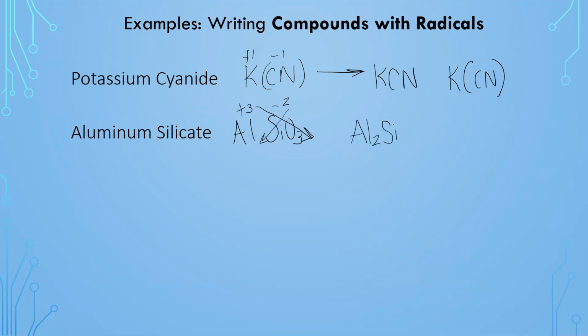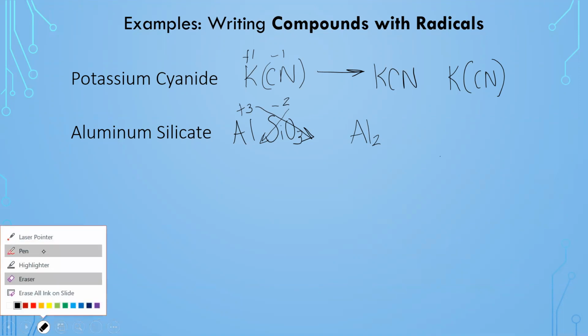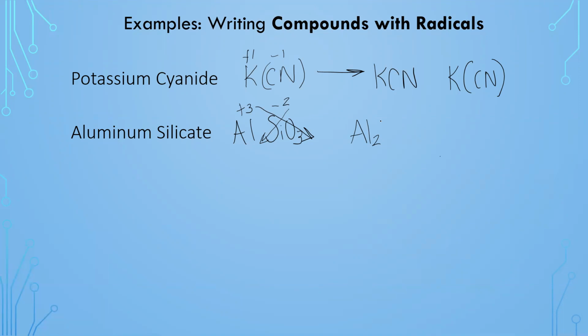Al2SiO33. I can't write it like that because now it looks like there's 33 oxygens. I need to have 3 SiO3s. So instead what you have to do is put parentheses. So if you're adding a subscript to a radical, crossing charges to cancel, you have to put the radical in parentheses. So SiO3 is my radical, and then I'll add this 3 to the outside.